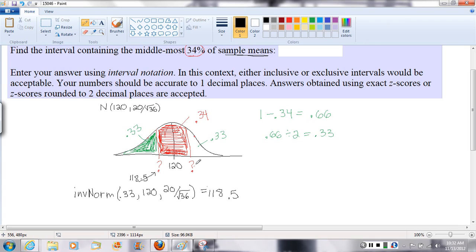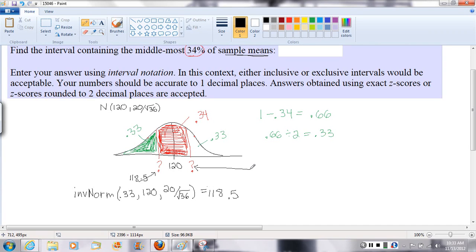Now there's a couple ways we could think about to get that second answer. One thing we could notice is this is symmetric. So however far this value is from the mean, this number must be the same distance. So 118.5 is 1.5 below the mean. So this number must be 1.5 above the mean. So we would expect this to be 121.5, but let's show how we could also get that answer on a calculator.